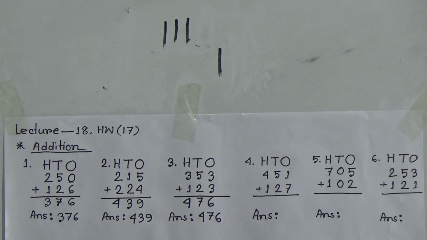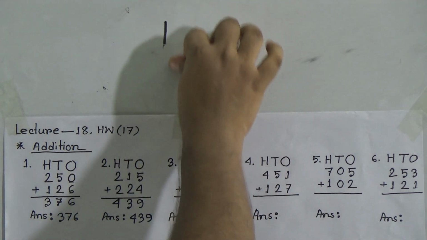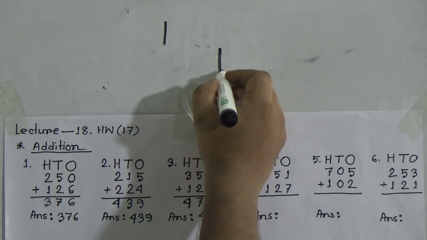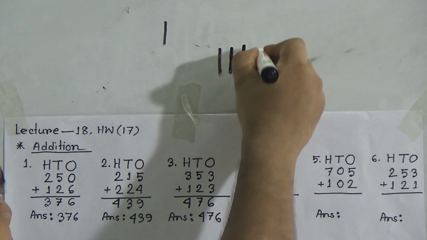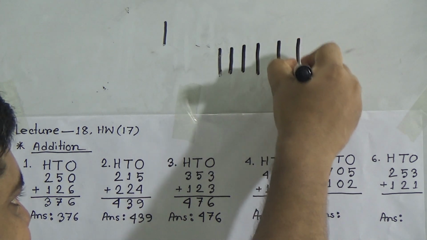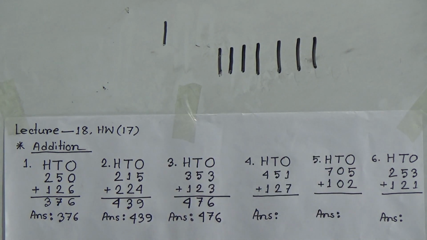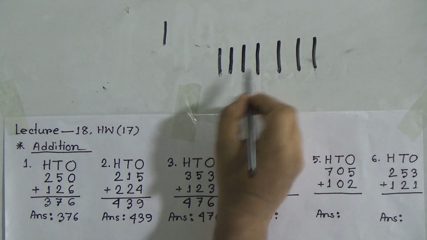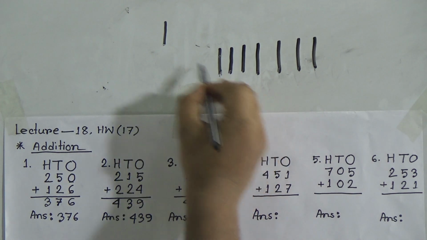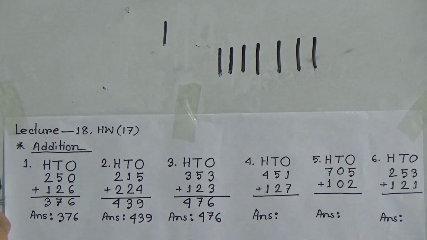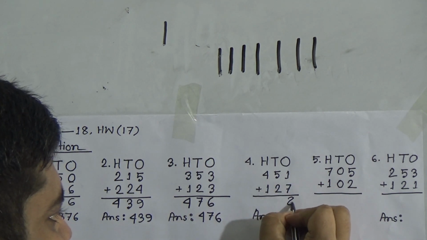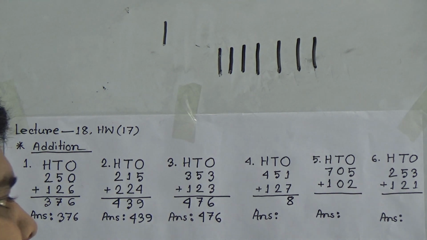For 1 we draw 1 stick, and for 7 we draw 7 sticks: 1, 2, 3, 4, 5, 6 and 7. Now we add. How many sticks are there on the board? 1, 2, 3, 4, 5, 6, 7 and 8. That means if we add 7 with 1, then we get 8. I hope you have understood.